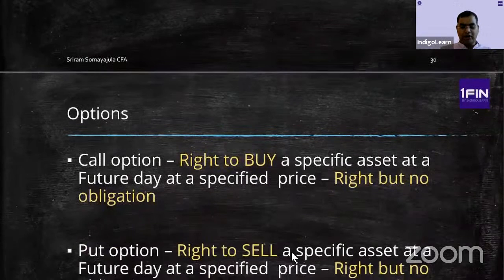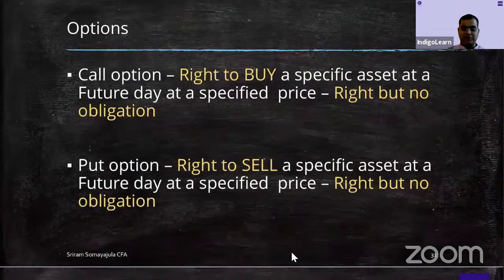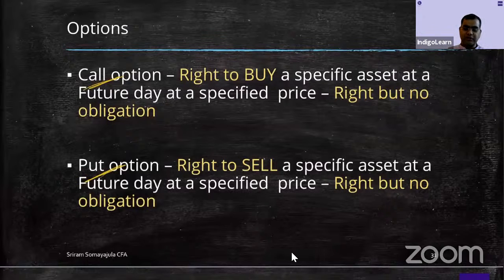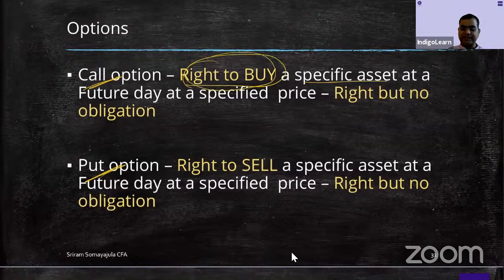Right. Now, coming to options, let us understand what is an option. There are 2 types of options basically. One is called a call option. Second one is called a put option. A call option is a right to buy a specified asset at a future date at a specified price. That is, just like a future contract, you are agreeing to buy something at a future date, at a future price. But there is one big difference.